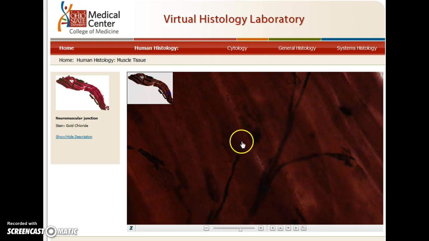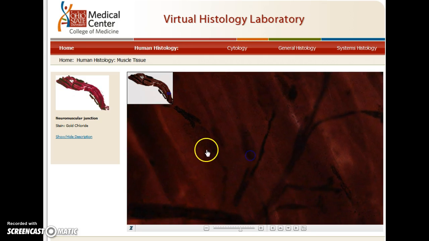So this dark area here, this rounded portion here, I'm going to call the actual neuromuscular junction, because it's where the neuron comes in and interacts with the muscle fiber. And so I'm going to call this area here, kind of this square, the neuromuscular junction. Here's your axon terminal, or this is the motor neuron, and then the axon terminal will be in these kind of button areas.